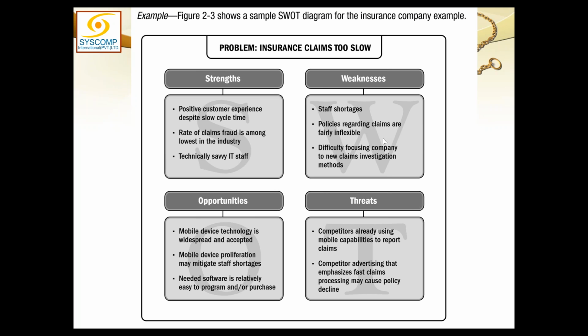So it simply points out that we may have to make the policies more flexible. Then the weakness is difficulty shifting the company to a new claims investigation method. So when the company is working on one claim, with any new claim, they have difficulty converting to that. So these are the strengths and weaknesses I have.